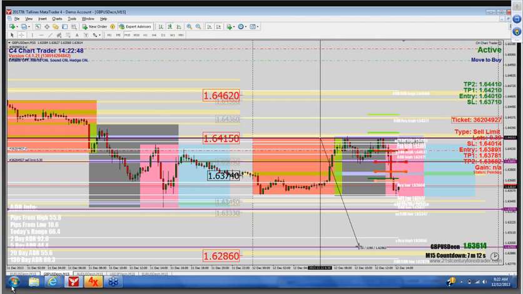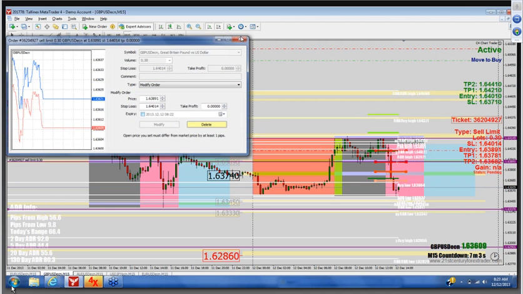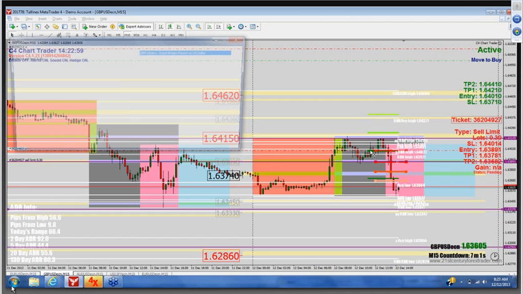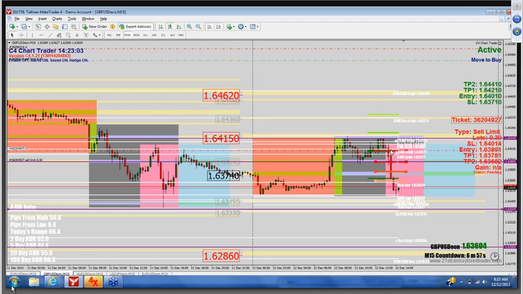Don't know if it's got legs to get there. If it does push that far, great spot to look for a buy. And remember, we need to be conservative. Oh, that's my entry. All right, let's do this. Okay.